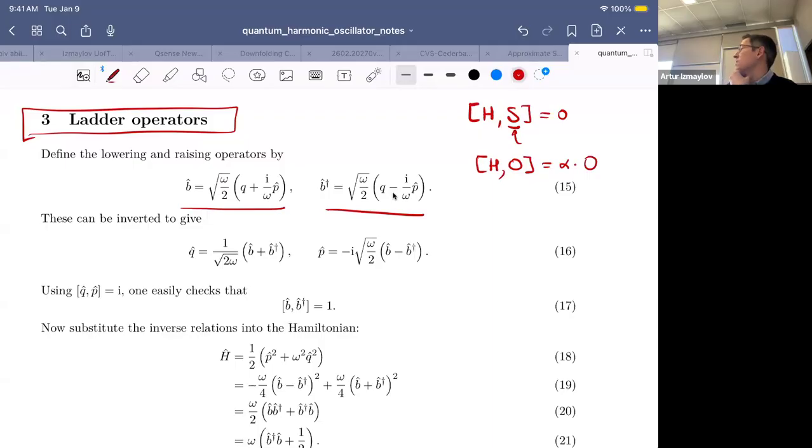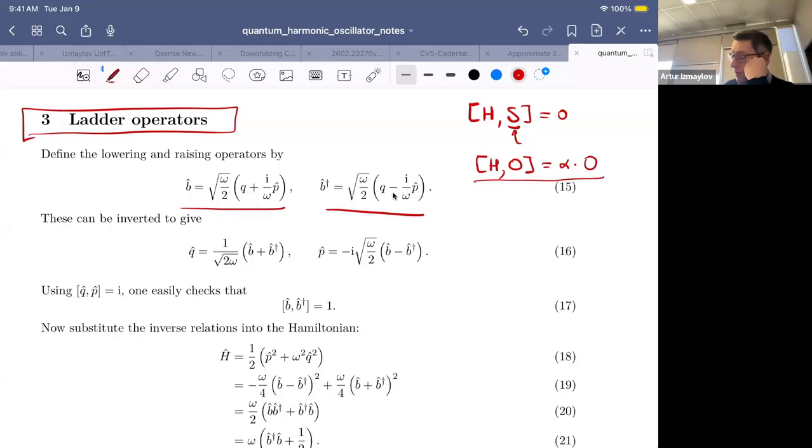It turns out that this relation is sometimes even more useful than the previous one. So even though H doesn't commute with O, it gives back the operator O with some constant. And you may wonder, okay, what do I do with this? How is this useful?